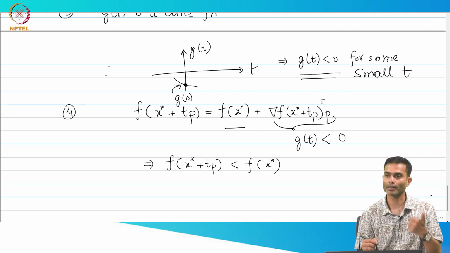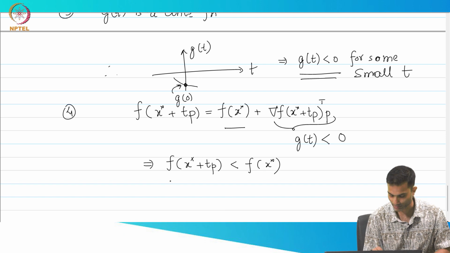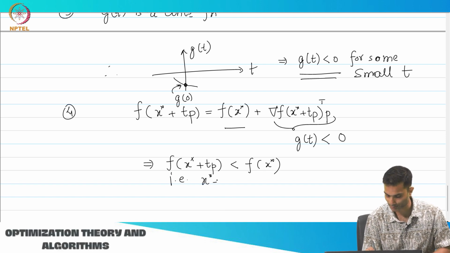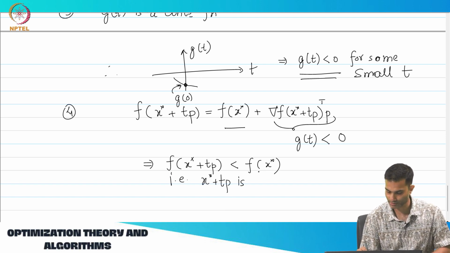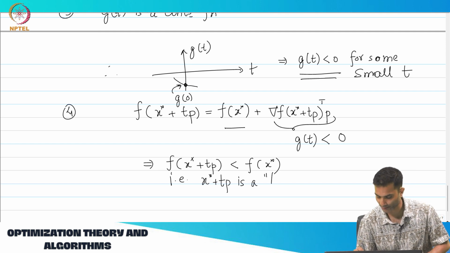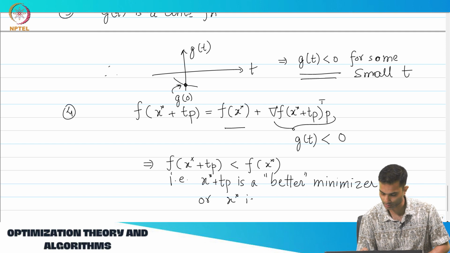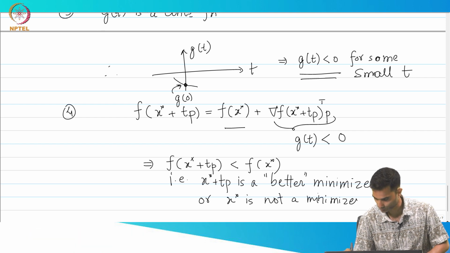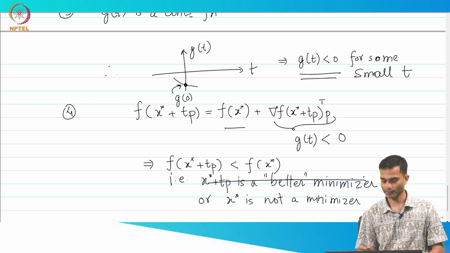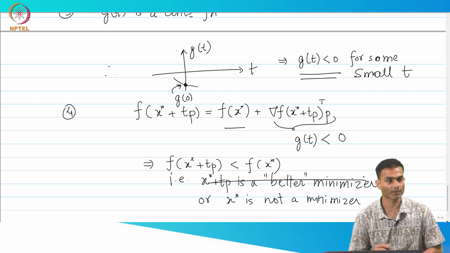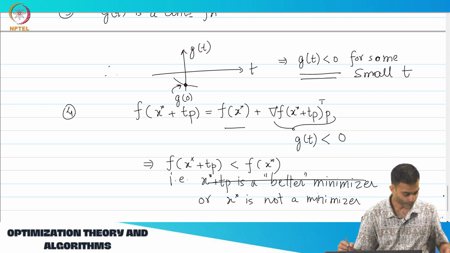That means x star was not a minimizer, right? So that's the contradiction.